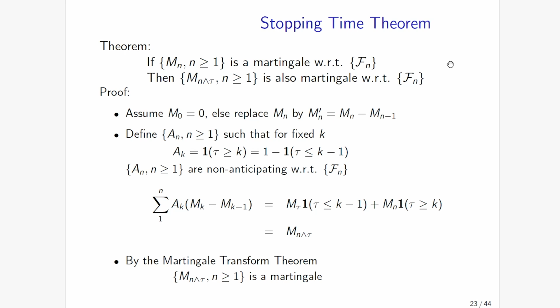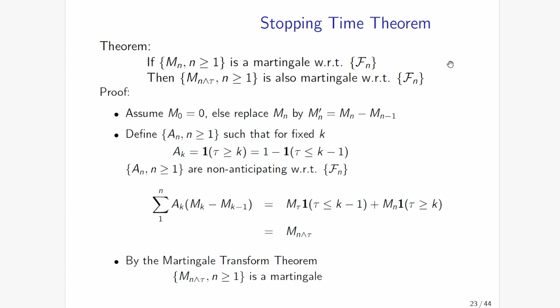Substituting that into the formula for the decomposition, we get that this stopped martingale at time the minimum of n and tau is equal to the sum of these non-anticipating variables times the increments of the martingale. So this is easily a martingale transform and satisfies the martingale transform theorem. So this stopped martingale at the minimum of n and tau is also a martingale.